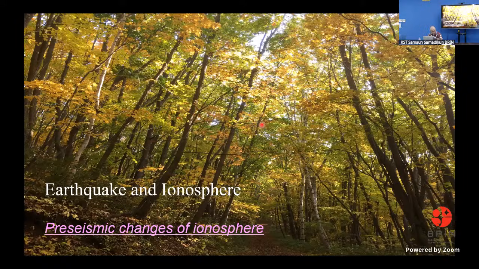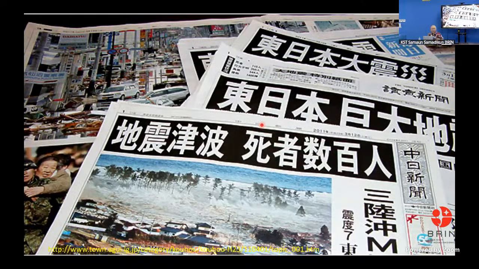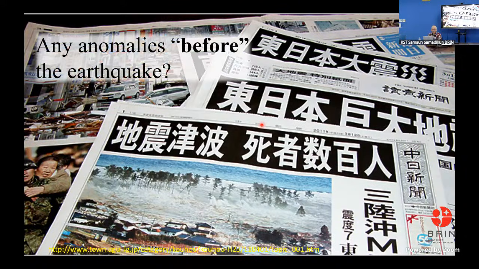Okay, so now this is the last topic. Maybe I finish this in 10 minutes. So this is a newspaper for the 2011 Tohoku earthquake. And you may expect, if there is any anomaly before the earthquake, to predict this earthquake.